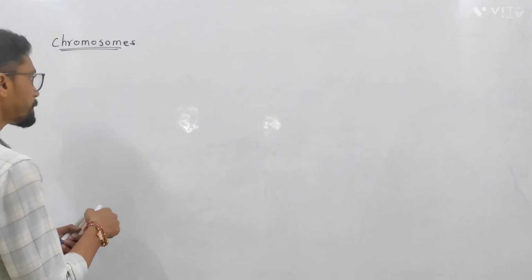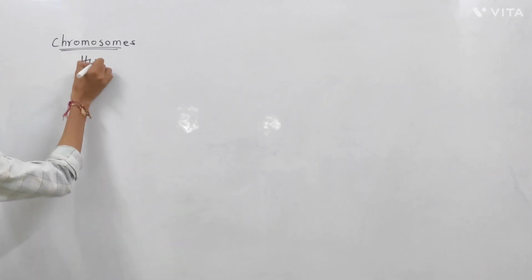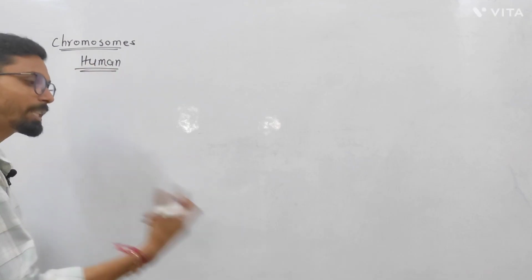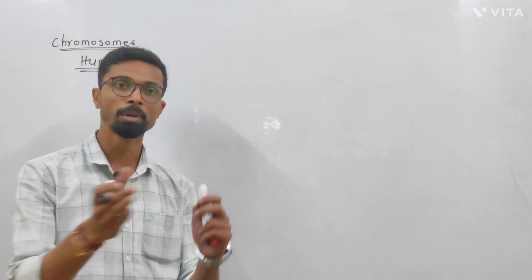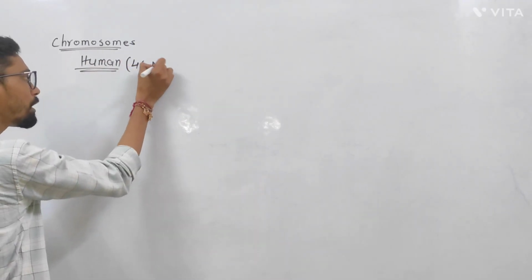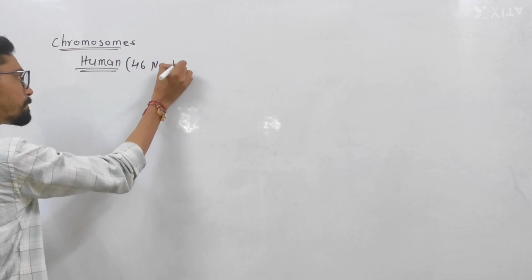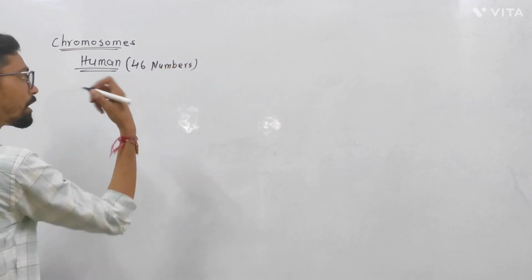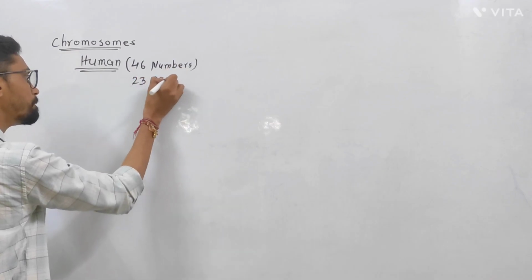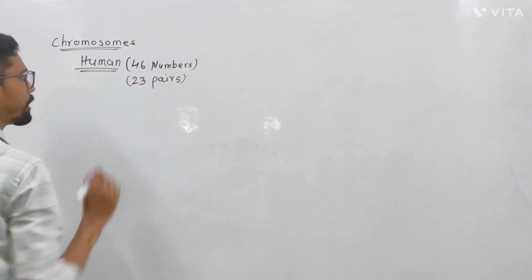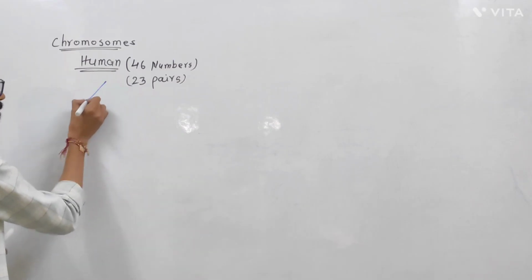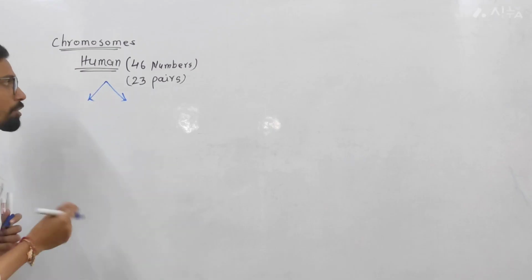In a human, we have two types of chromosomes depending upon the number. Humans have 46 chromosomes, which is 23 pairs. Now we have two types of chromosomes here.